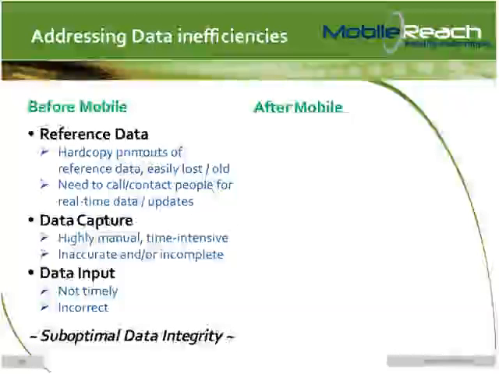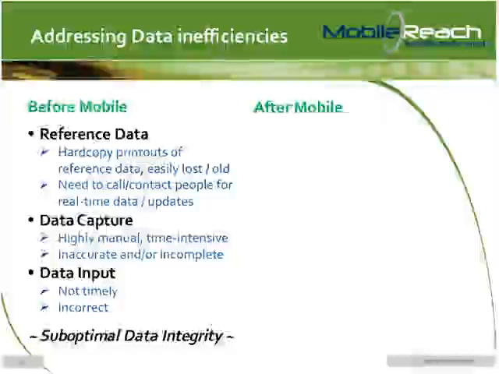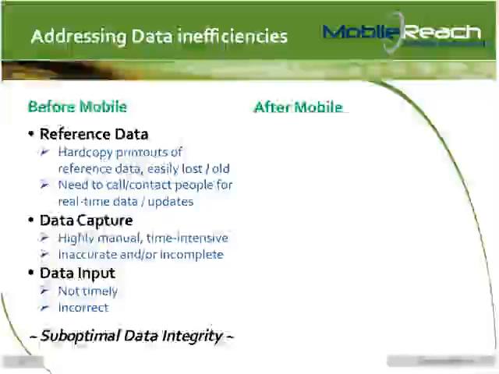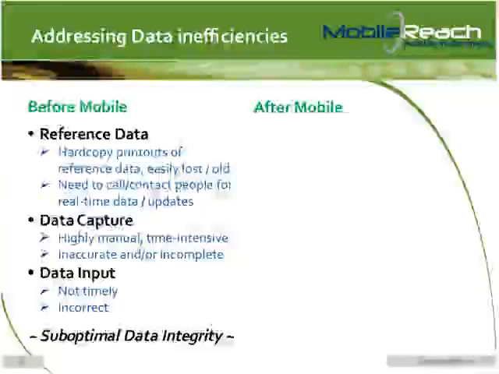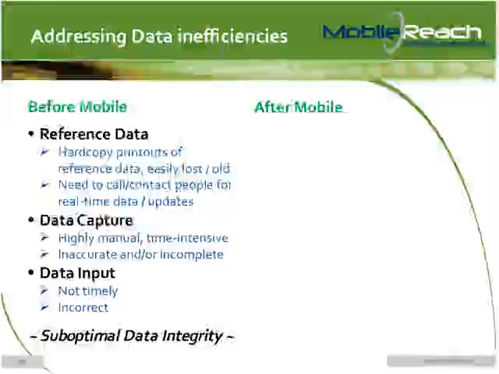So in terms of data inefficiencies, as I mentioned before, your existing users have to access reference data, they have to capture data in the field, and they have to put that information back into the system. Without a mobile solution, they're doing all of that today, but just not in a very effective manner. They're using paper printouts, they're capturing data manually by hand, and the data that they're putting back into the system is subject to all that human and manual error.